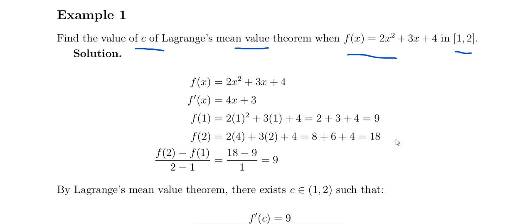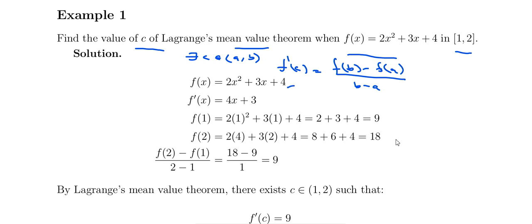And there exists some c belonging to the open interval (1, 2) such that f dash of c equals f of b minus f of a divided by b minus a. Here (a, b) is (1, 2).